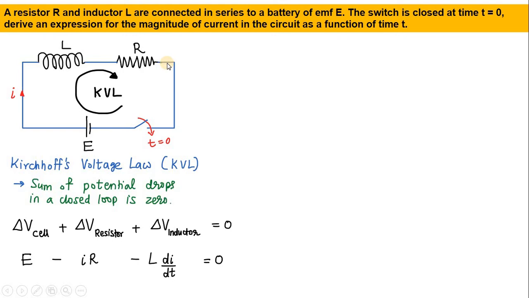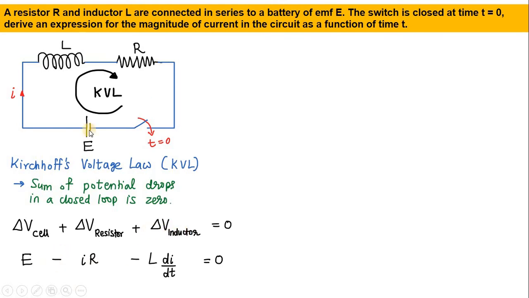We know that current flows from higher potential towards lower potential. So as we travel along the current, the potential is decreasing. Because we are moving from high to low potential, there is a decrease of potential and therefore we put a minus sign here.